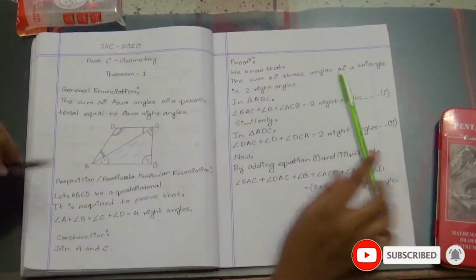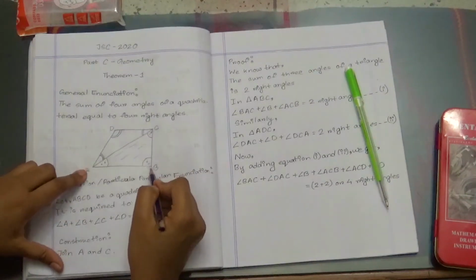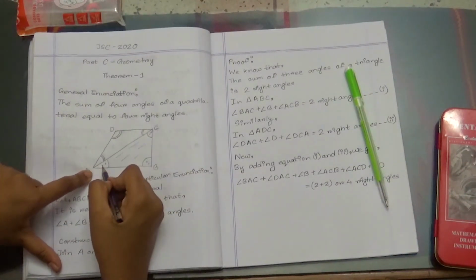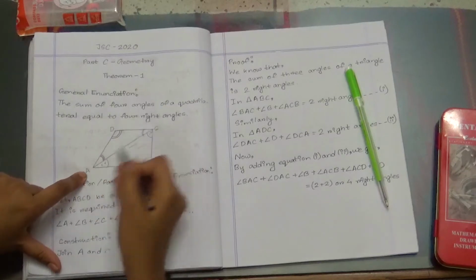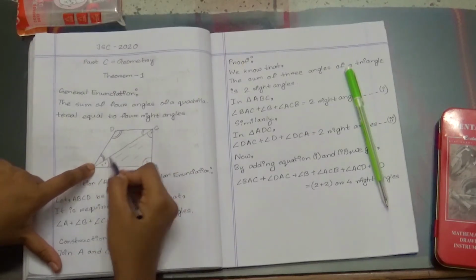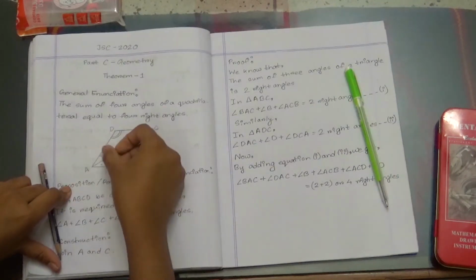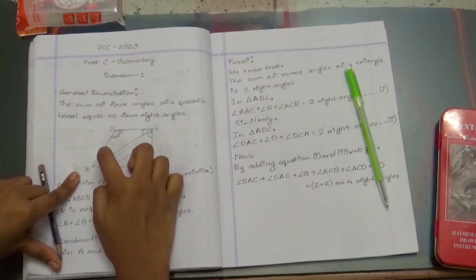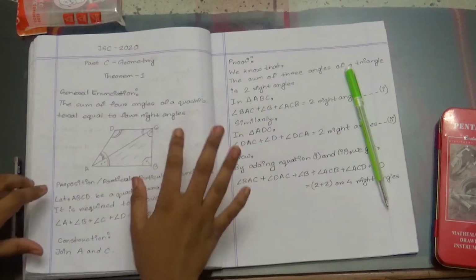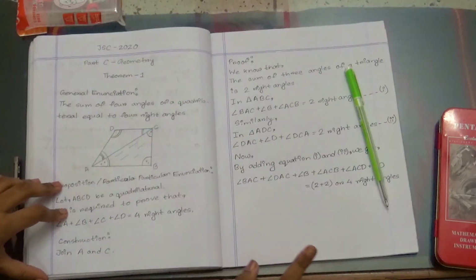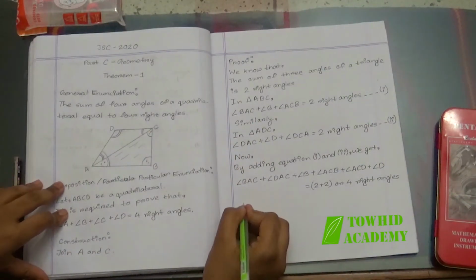Now let me show. BAC, this one, and DAC, this one. So this plus this, now it will turn into a whole. You don't need to give this radius even. You just need to give 2 different radius, or you can be free. You don't need to give any radius because your book doesn't show that.